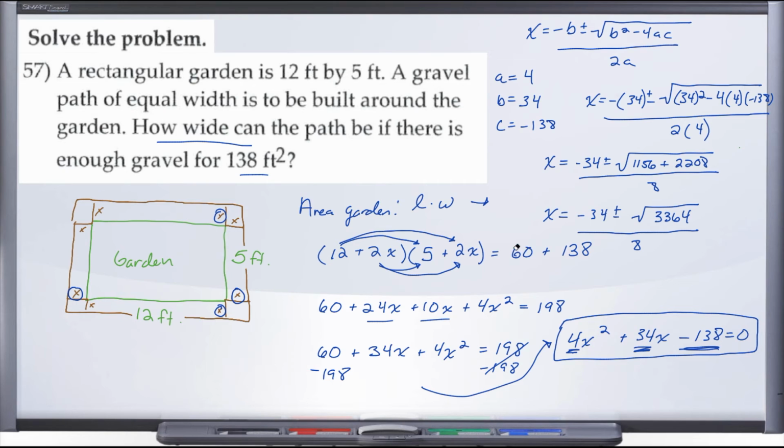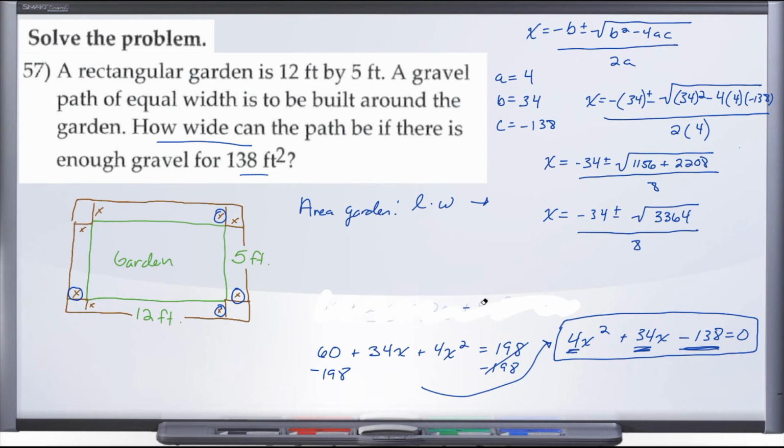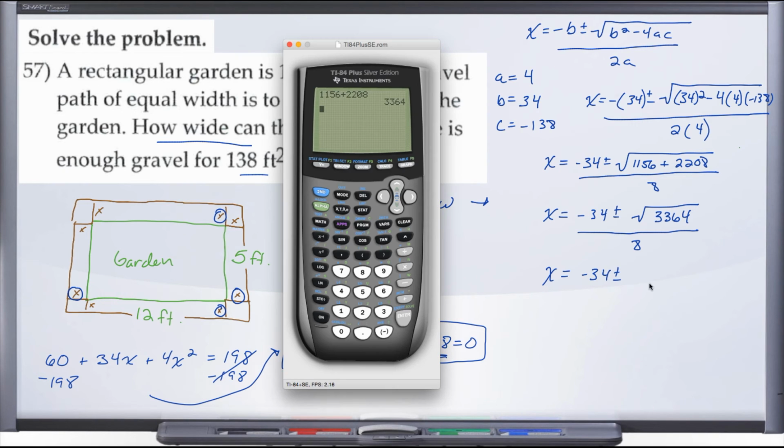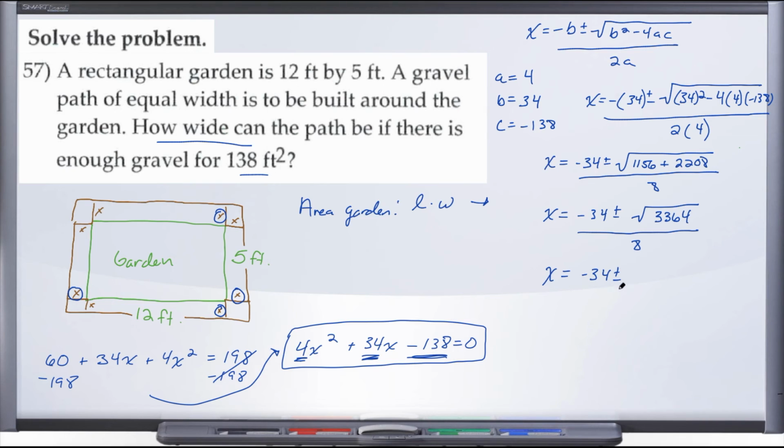Running out of room here, so I'm going to erase some of this and move the whole thing over there. All right, now we have some room. So x equals negative 34 plus and minus the square root of 3364, which is, oh good, 58. Awesome. So 58 divided by 8.